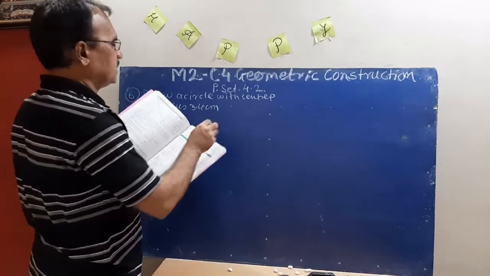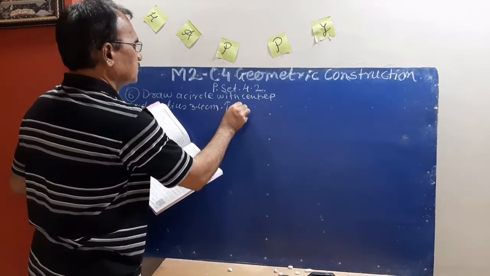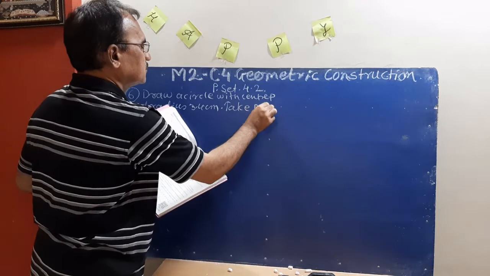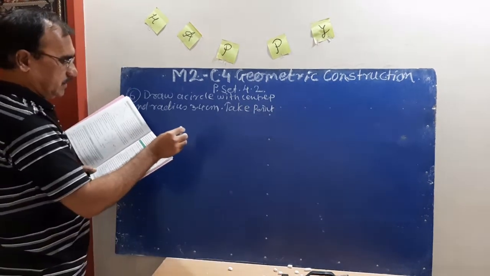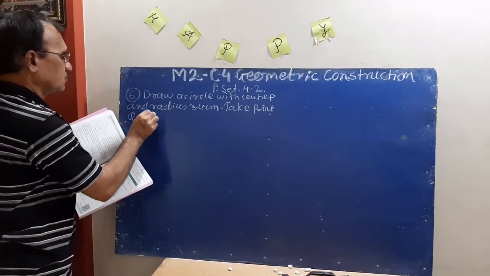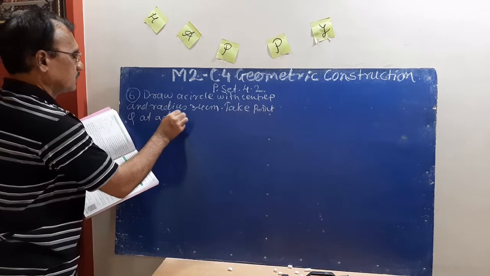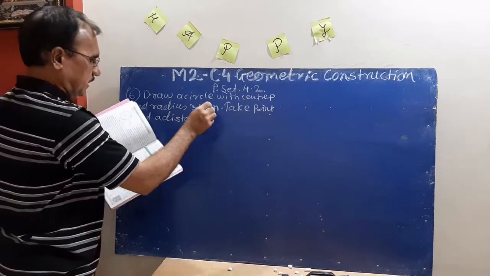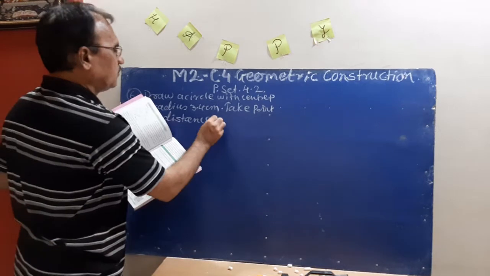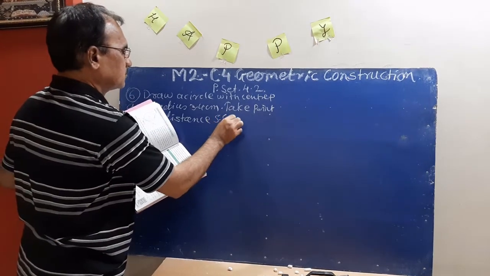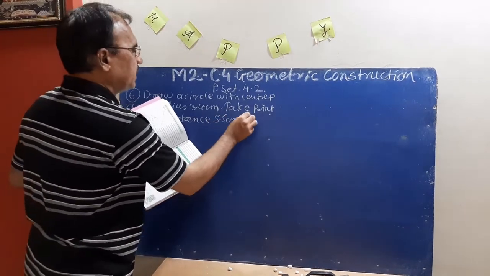Take point Q at a distance of 5.5 cm from the center.